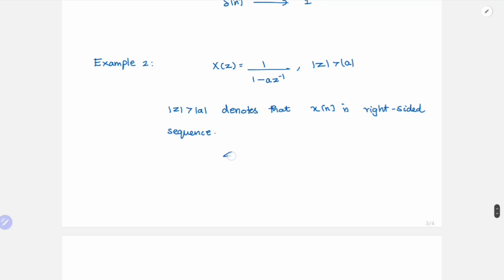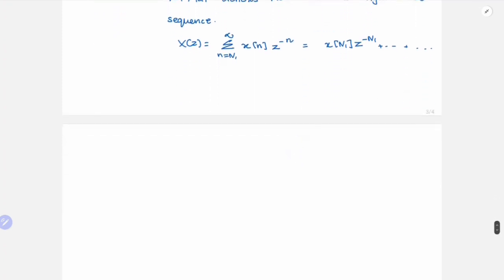It will have summation n equal to n1 to infinity x of n z power minus n. So this will be your x of z, and you will have x of n1 z power minus n1 and so on up to infinity. So you will have a negative series in the powers of z as it goes on.